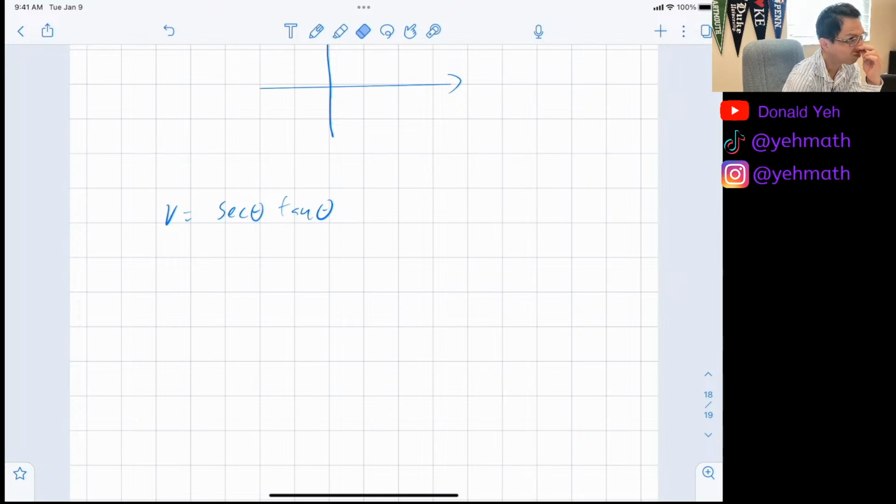I'm telling you, it's like r squared equals 2 times secant theta. And then x over r, and therefore r cosine theta. Okay. Y over r over x squared over r squared.